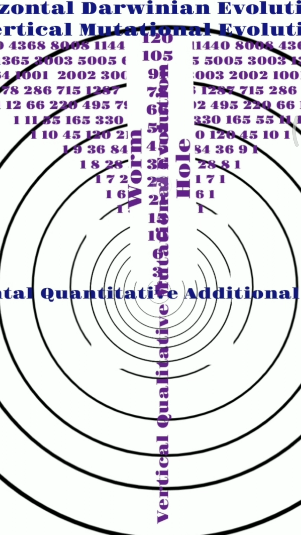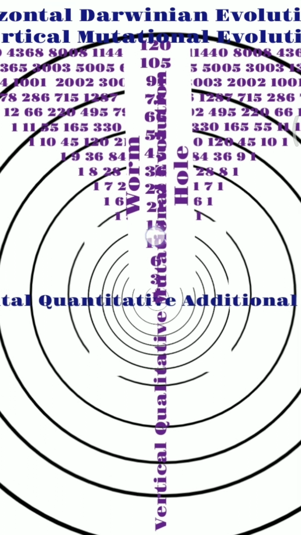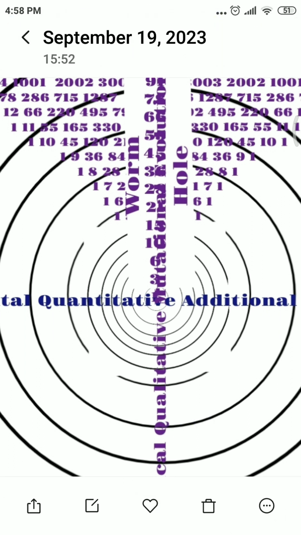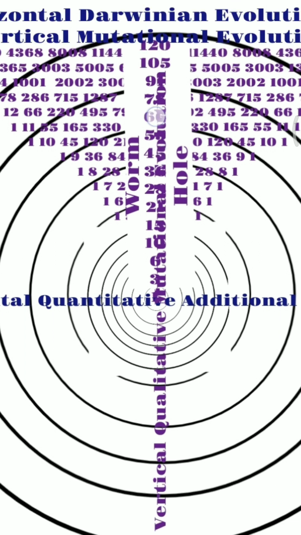Let's say some meteorite hits the earth, and you absorb that radiation, and you qualify for a higher level of evolution.